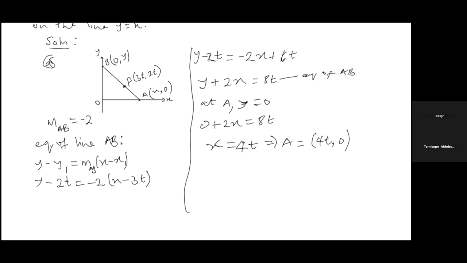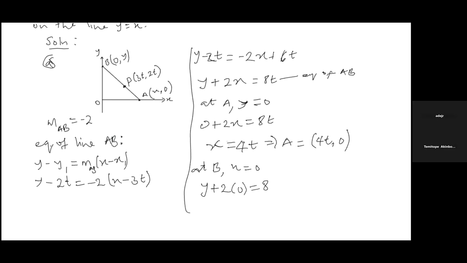Similarly, at B, x is 0. So I'll substitute 0 into the equation of AB for x in order to determine the value of y. So you have y plus 2 into 0 equals 8t.